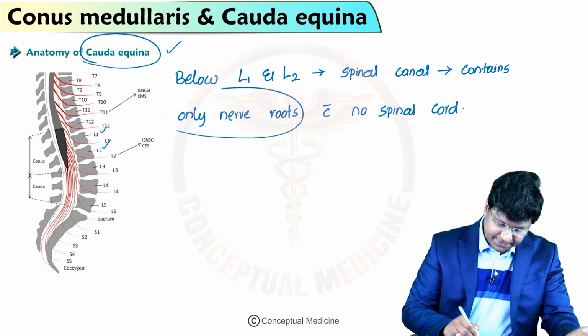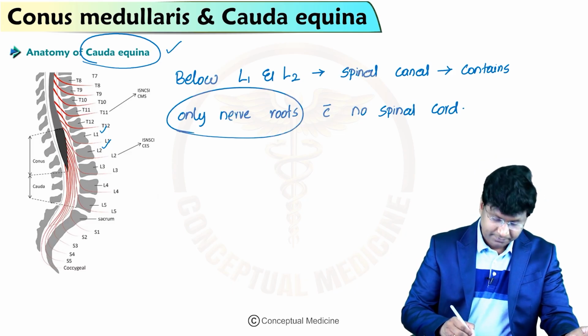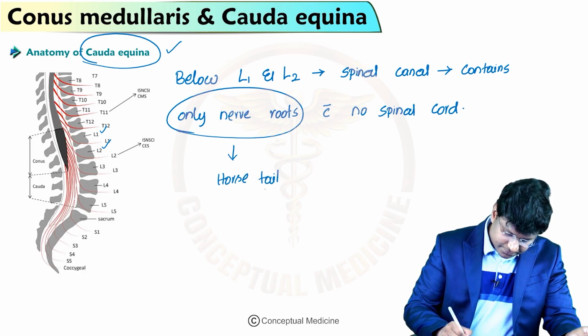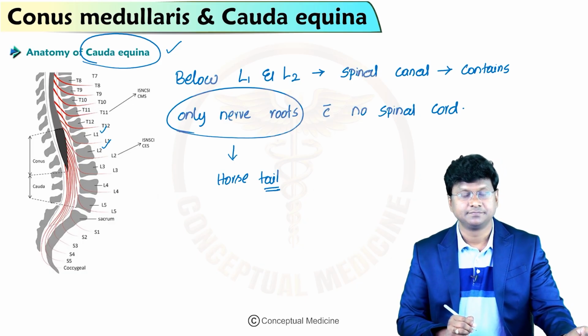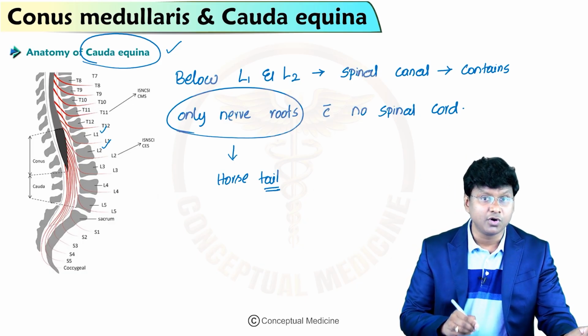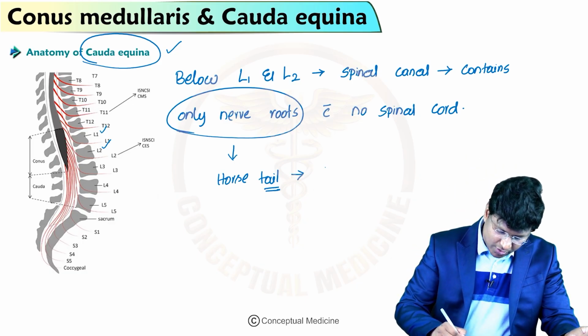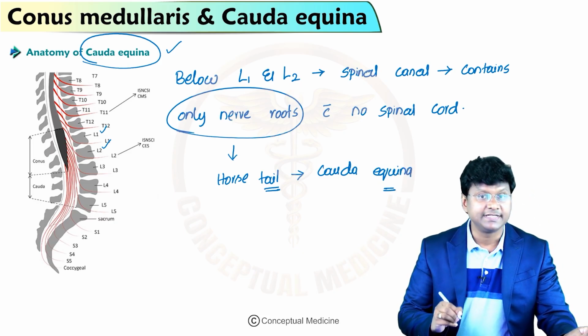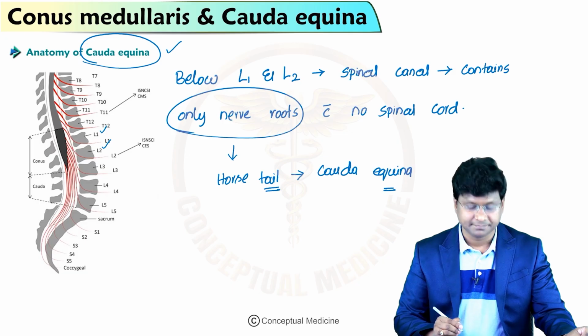These nerve roots are in the form of a horse tail, and that is called the cauda equina.